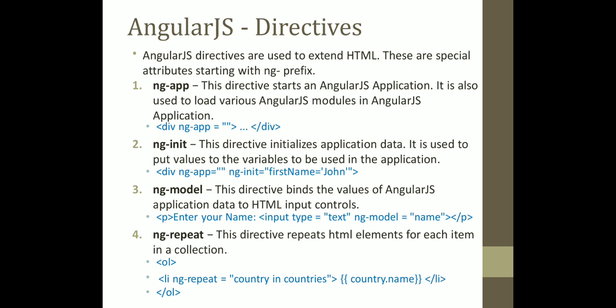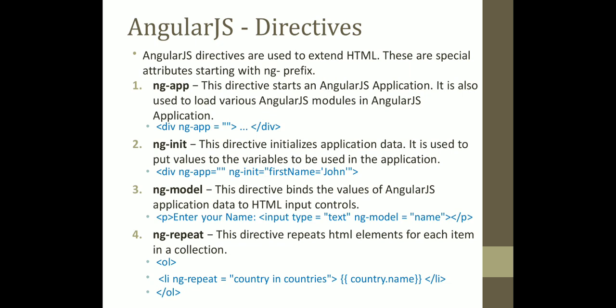Then the fourth is ng-repeat. This ng-repeat directive repeats HTML elements for each item in a collection. We'll start with the ol tag and li ng-repeat equals country in countries.